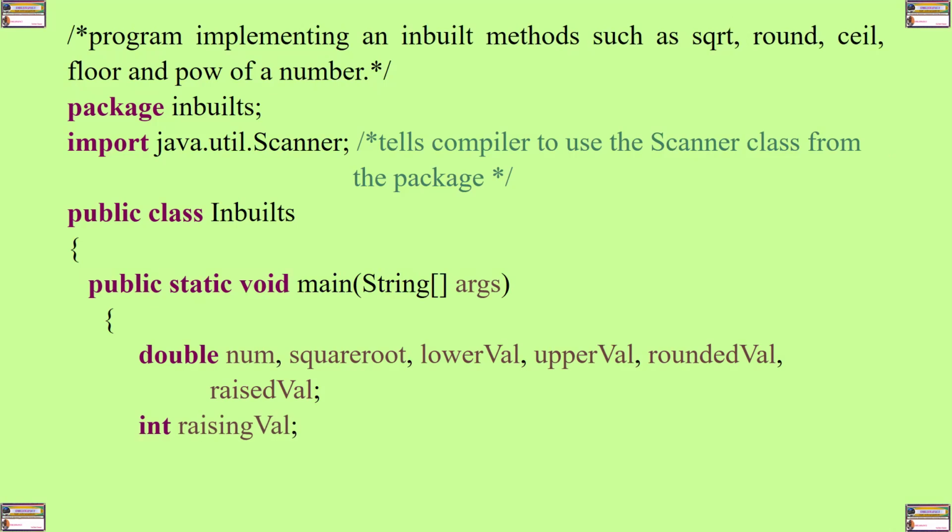Then I have another variable called raisingVal, of type integer. Then the next statement defines an object that we're going to use when reading our values. This object is input, of type Scanner, and we are defining a new Scanner. So you write it as Scanner input equals new Scanner, and you enclose within it System.in.